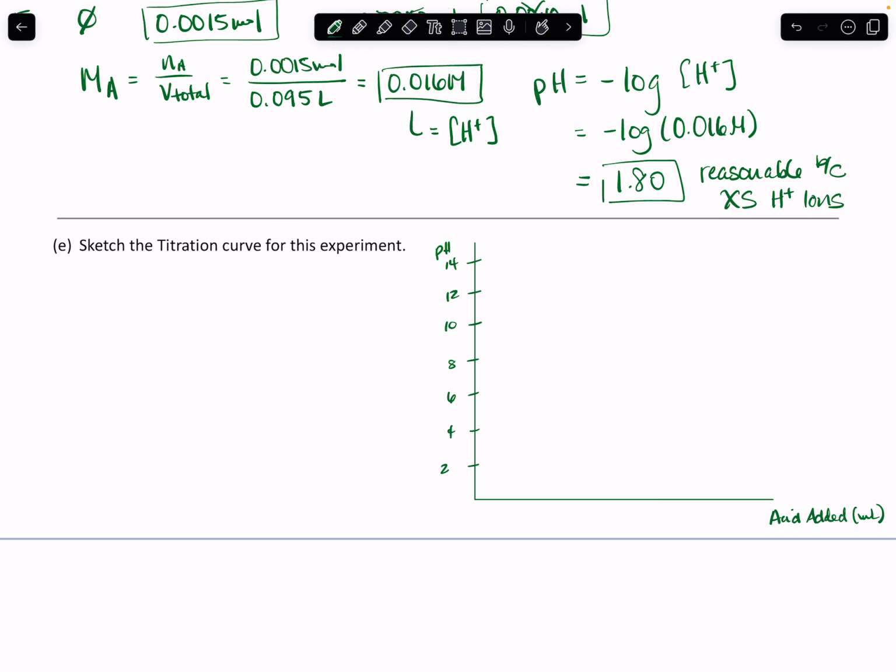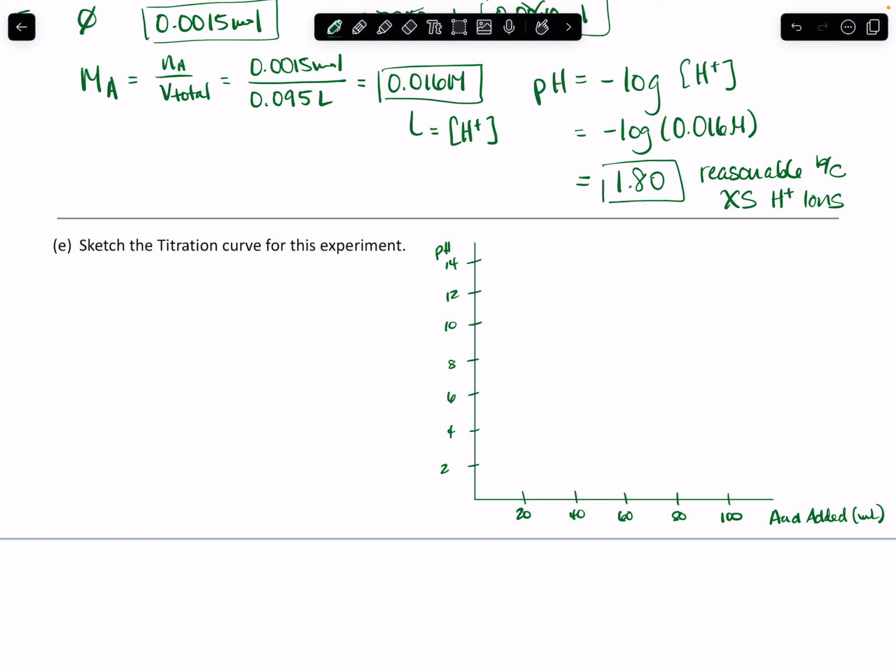And then down here, I'm going to do these by 20. 20, 40, 60, 80, 100.